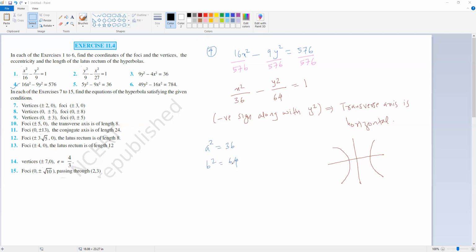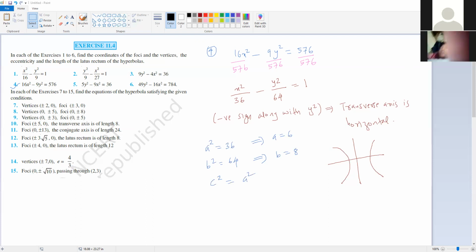Here, a is not necessarily bigger than b. Whatever comes under the positive term is a square. So from there you will get a is equal to 6, b is equal to 8. Now we need c, our relation was c square is equal to a square minus b square.